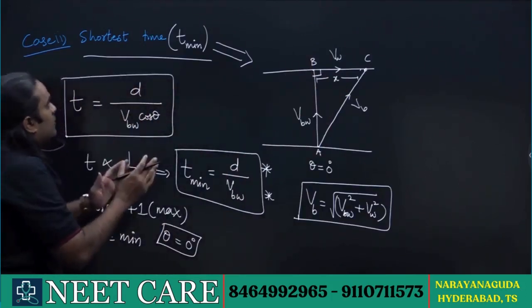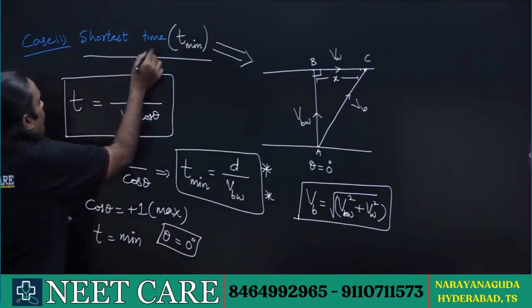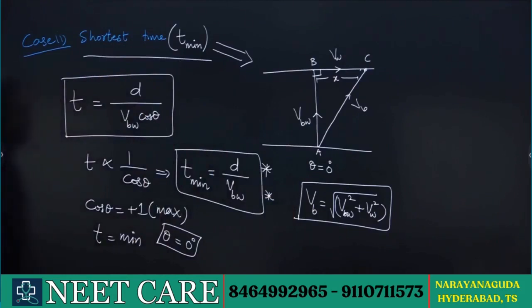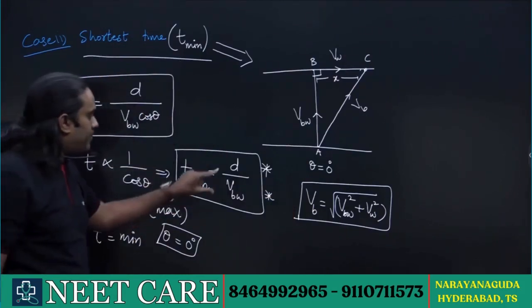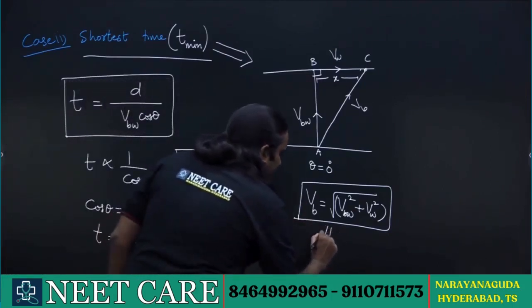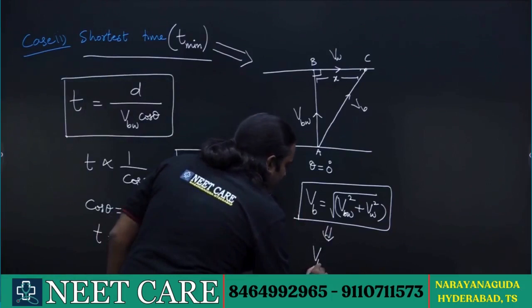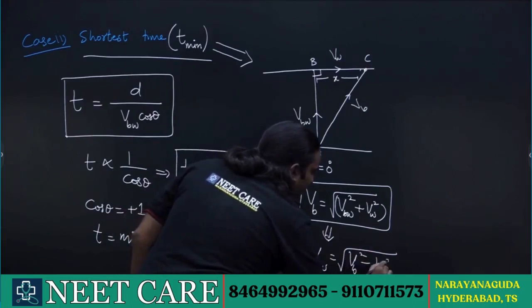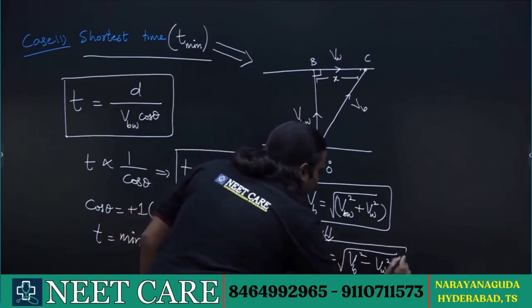Therefore, the magnitude of the velocity when the boat is crossing in the shortest time is given by VBW square plus VW square. And T minimum is given by D by VBW. Even you can write VBW is equal to under root of VB square minus VW square. You just make VBW the subject.